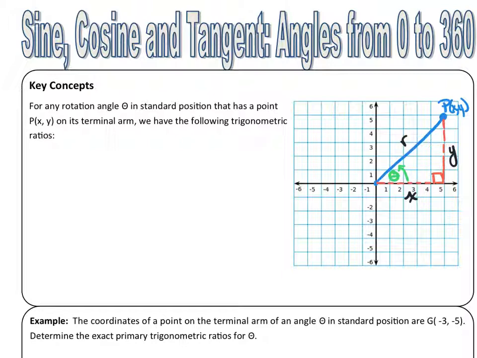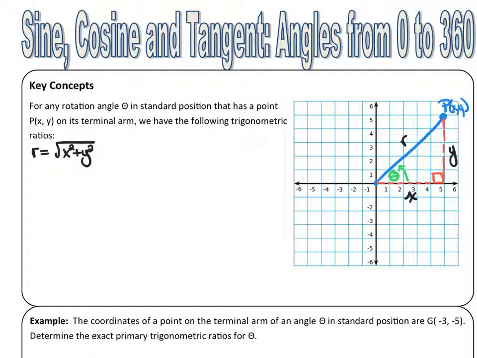If you remember the Pythagorean theorem, you would know that r is the square root of x squared plus y squared. So a squared plus b squared equals c squared, it's just another way to write it. The length of r, or the arm, is x squared plus y squared, and we take the whole square root of it. So you can easily figure it out.